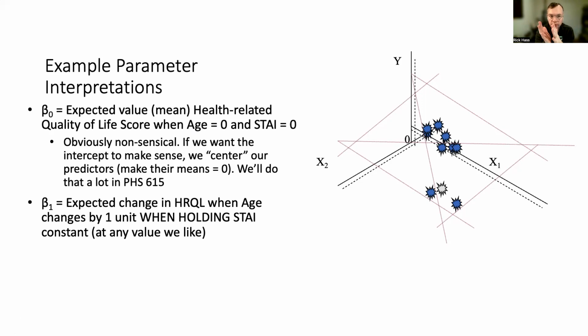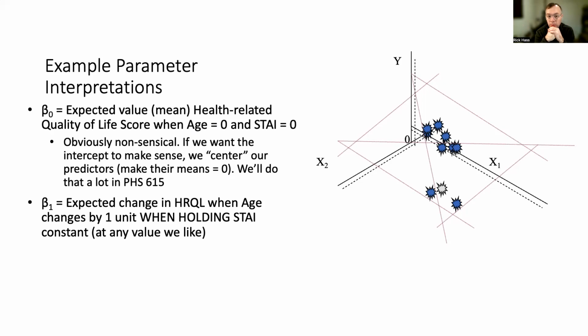Beta 1 should also, and this is the difference between this week and next week, for a simple model like this, we assume that this beta for age holds for anyone of any value of anxiety. We'll see next week what happens when that isn't the case.